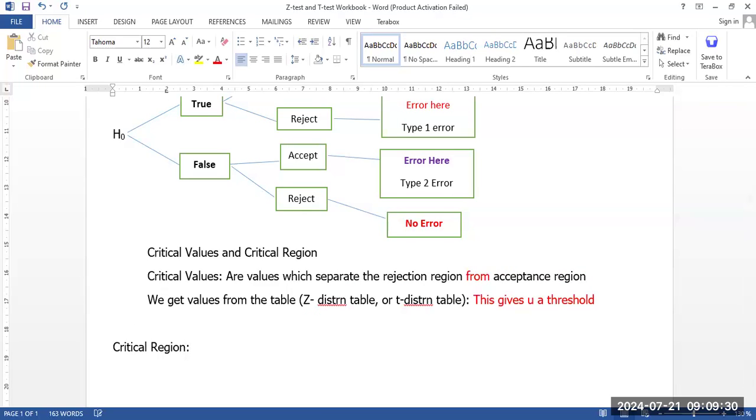Critical region, colleagues, is like rejection region, and simply means that critical region contains a set of values of the test statistic.